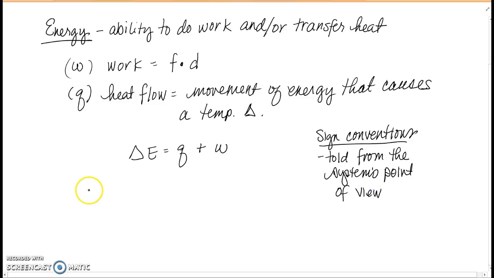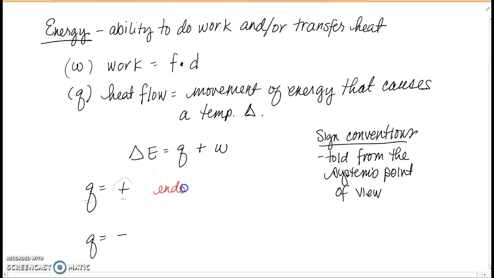One of the signs that you learned about in Chem 1 is that Q could be positive or Q could be negative. If you think about it from the system's point of view, if Q is positive, it's literally the system is gaining heat, pulling heat from the surroundings around it.